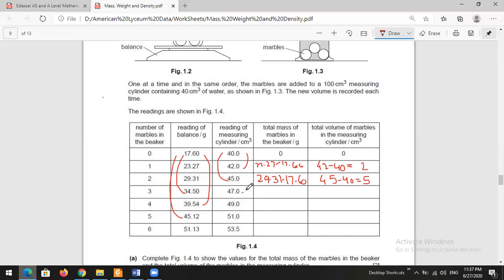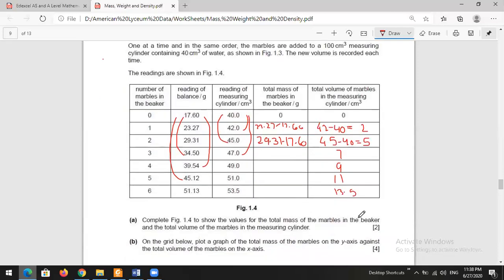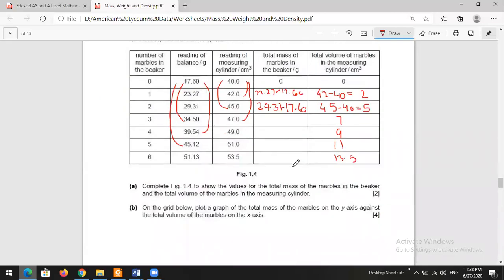Then subtract 40 from 47 to get 7. 49 minus 40 is 9. 51 minus 40 is 11. 53.5 minus 40 gives you 13.5. So we have filled this table. So part A is done.